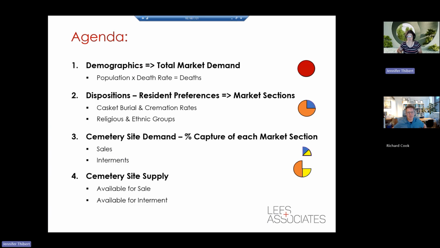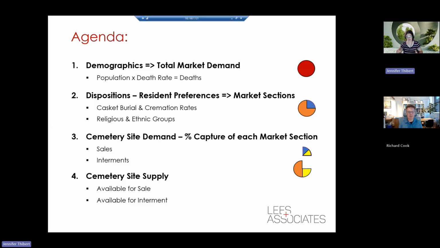So as you can see on the right there, we have an illustration showing the whole pie, the elements of the pie, and then we move from there, from a general market level, into site-specific information. So information about the demand for a particular cemetery site, which is usually composed of sales and interments.